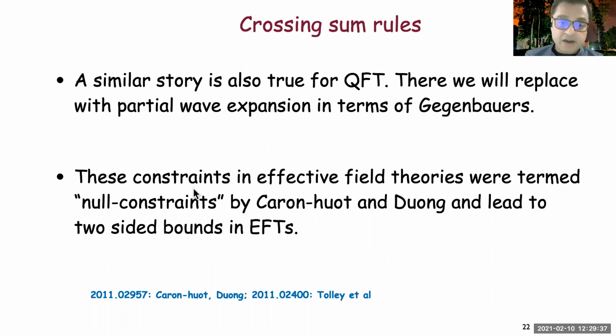And the analog of these constraints are what Simon and Duong call null constraints in the context of effective field theory. So just bear in mind that there are these analogs also in quantum field theory.